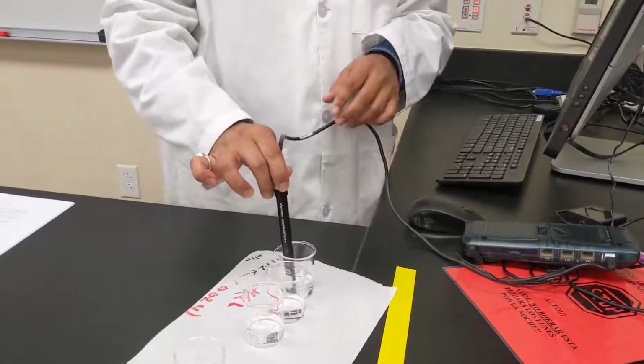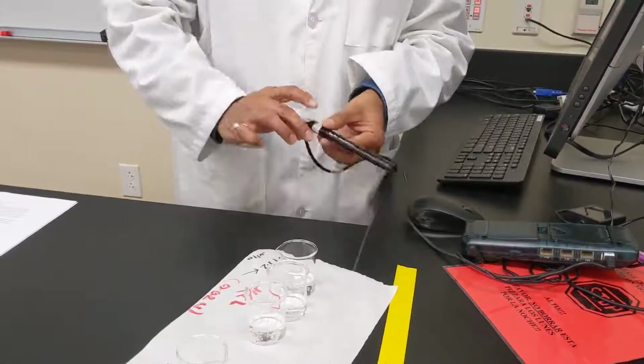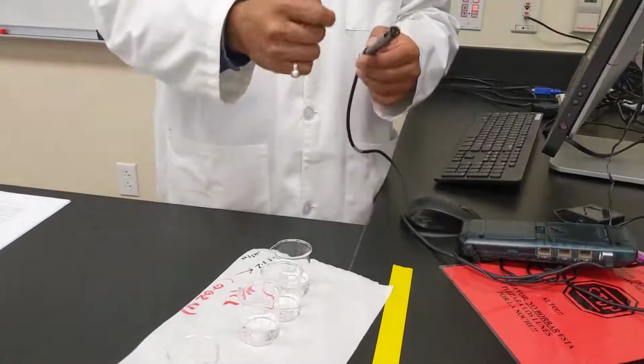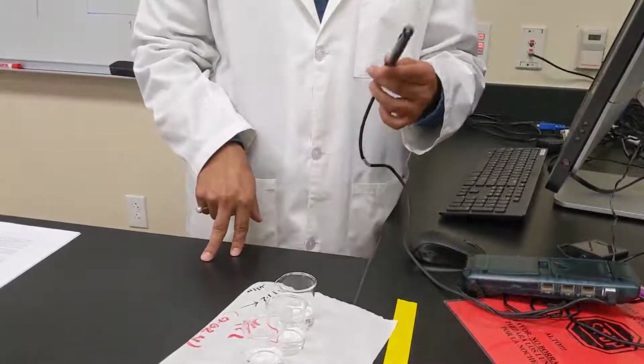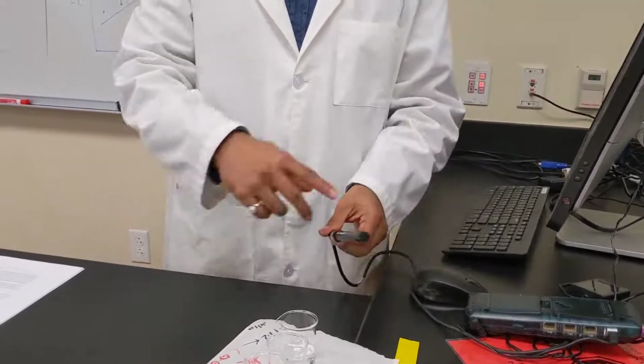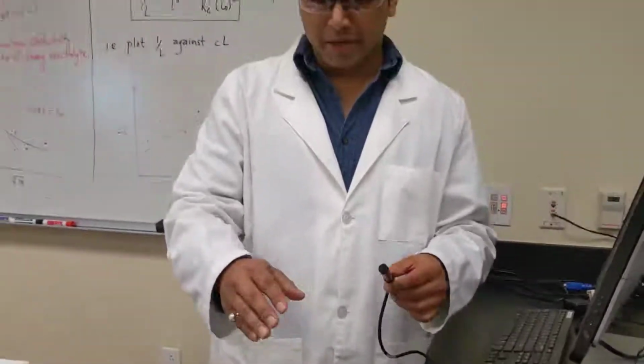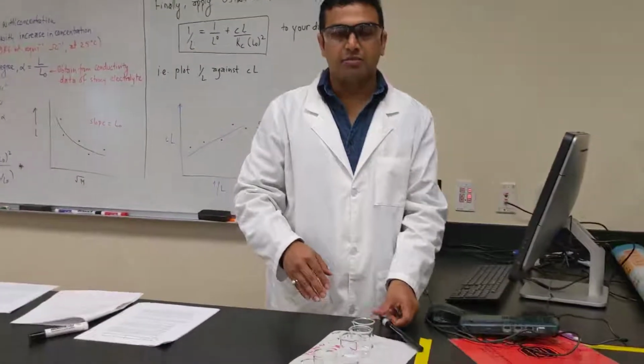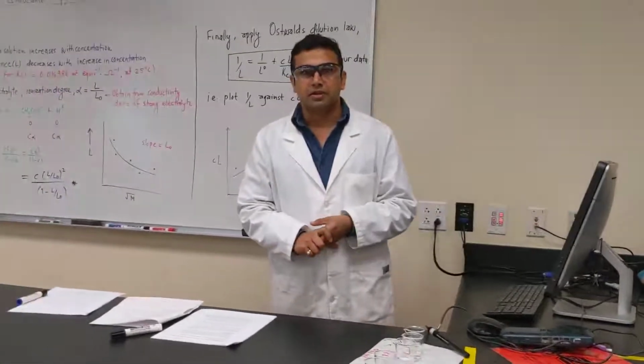This is your specific conductance, right? Every time you use it for one solution, you have to wash the conductivity sensor, right? So every time you have to repeat it and find the value of the specific conductance.